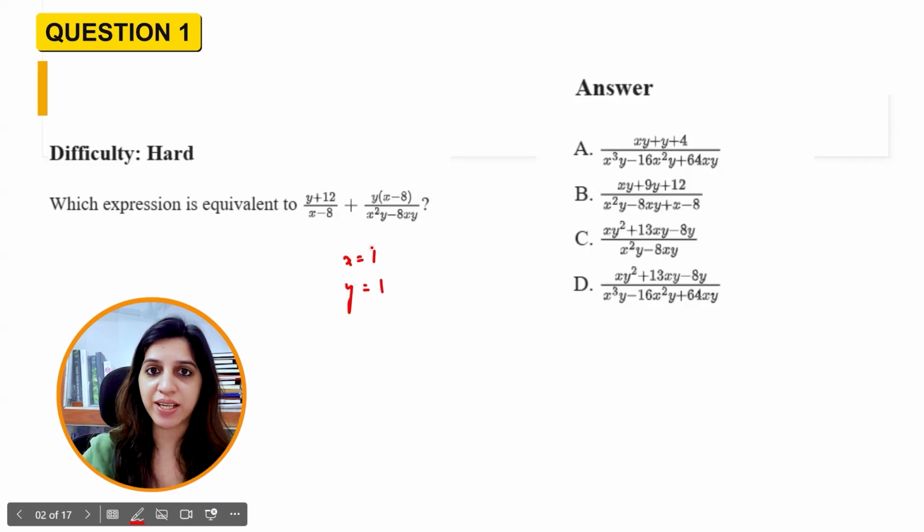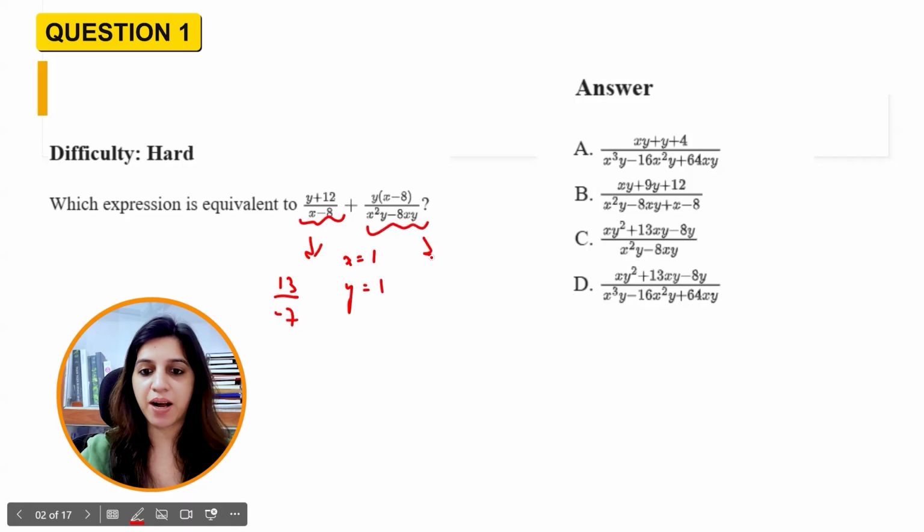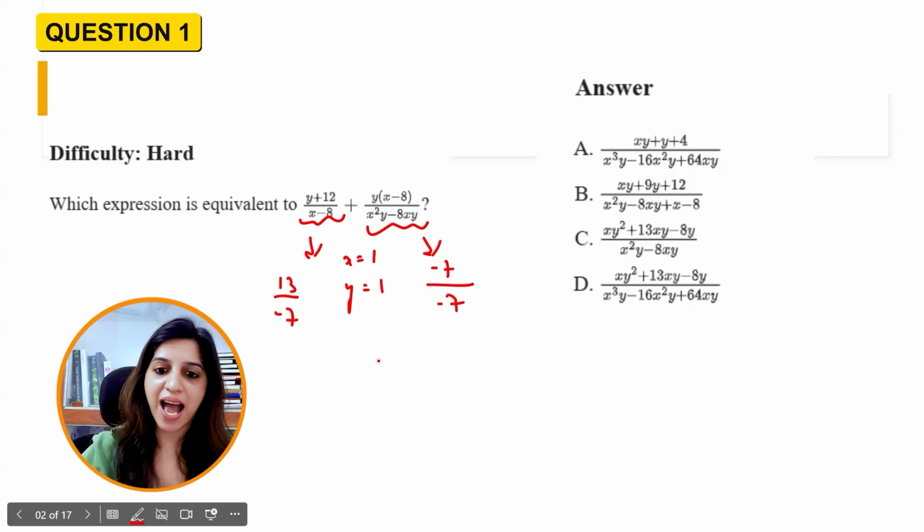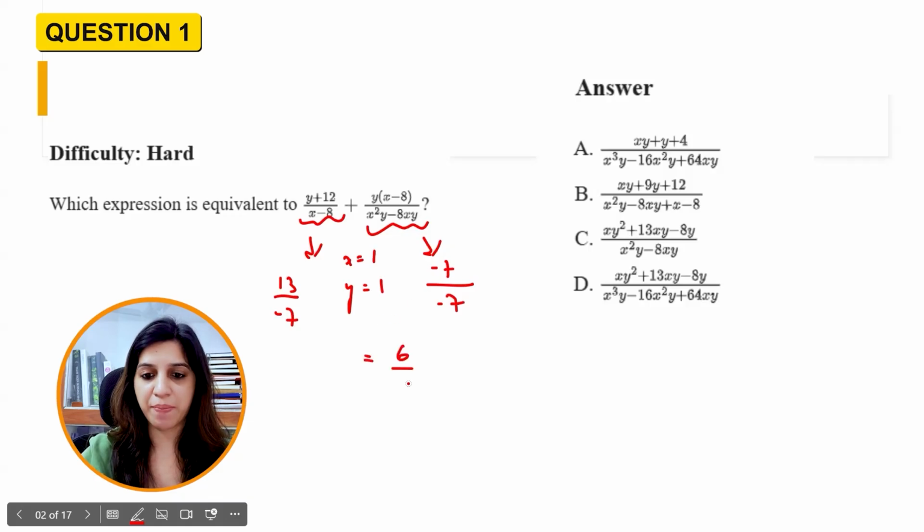If I put x as 1 and y as 1, the first term in the expression becomes 13 over minus 7. The second term has numerator minus 7, and the denominator becomes 1 minus 8, that's minus 7 also. So I get 13 by minus 7 plus 1 basically. If I add them, I get 6 by minus 7.